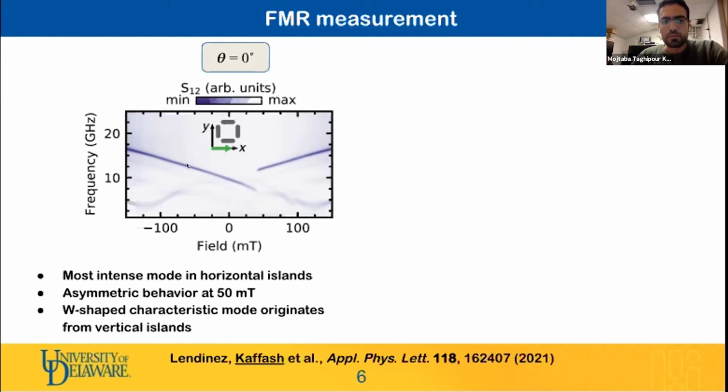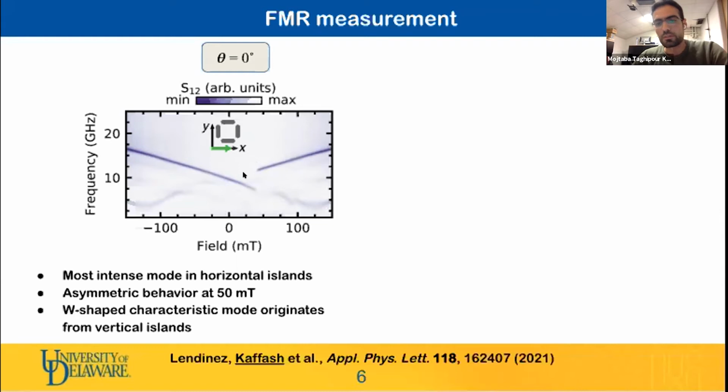Now the most intense mode, this one, is located in the horizontal island. Just want to explain what's going on. Around 50 millitesla, there is an asymmetric behavior, which is due to the magnetization reversal of the horizontal island.